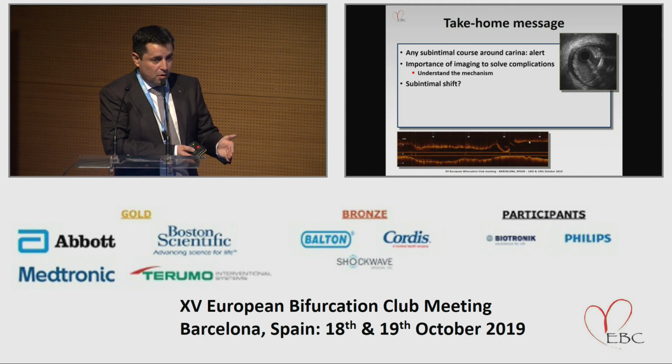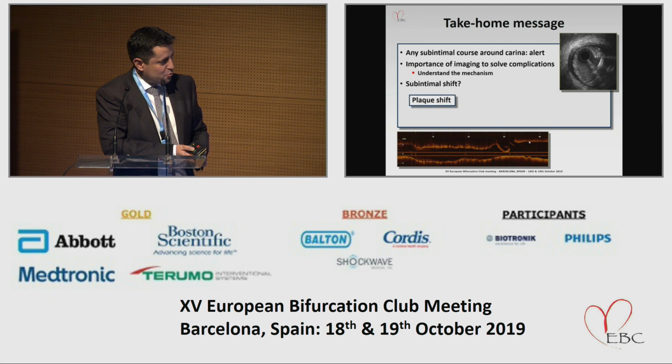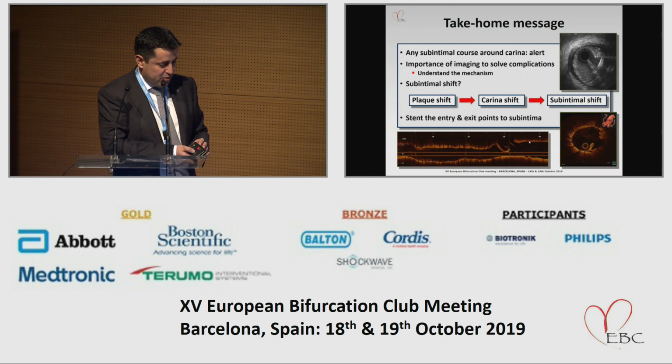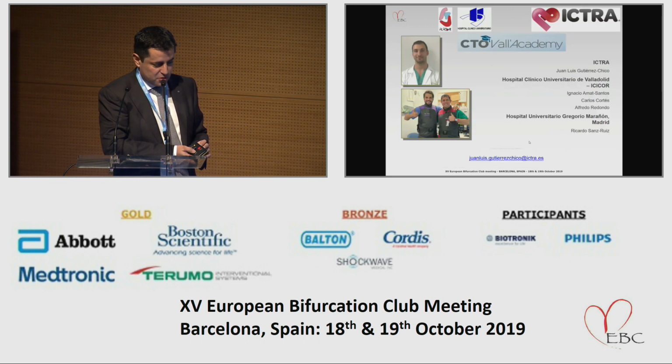Maybe we could call what has happened here subintimal shift, because here in the Bifurcation Club we started talking about plaque shift, then carina shift, and in this specific scenario of CTO bifurcation, we could talk about subintimal shift. And finally, the importance of stenting the entry and exit points whenever you have a subintimal course in a CTO. Thank you very much for your attention.